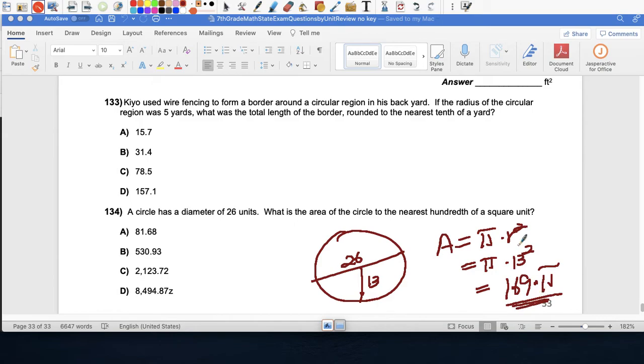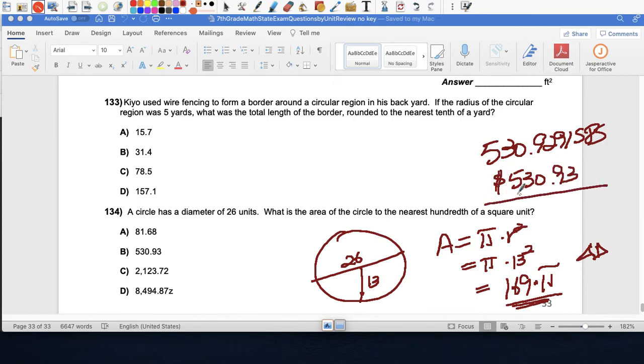Then, again, like I said, press that button that looks like that, and it will actually multiply that out, and you get 530.9291585 or 530.93. And you can see that's right here.